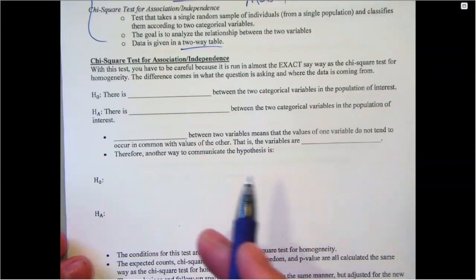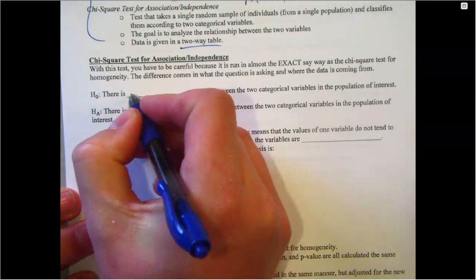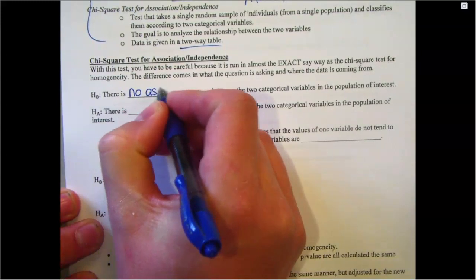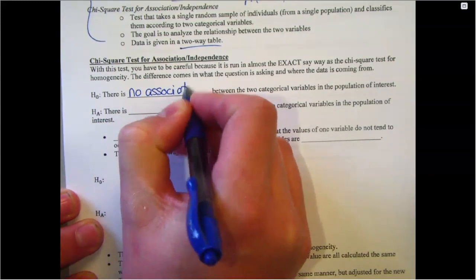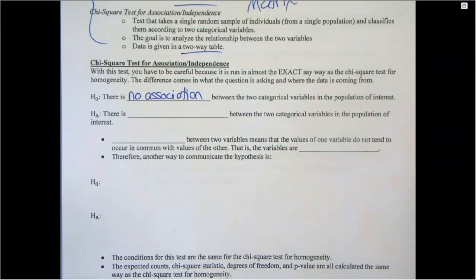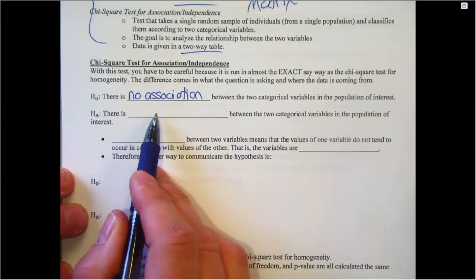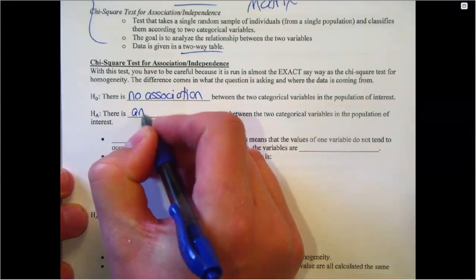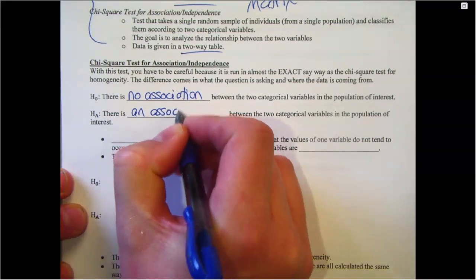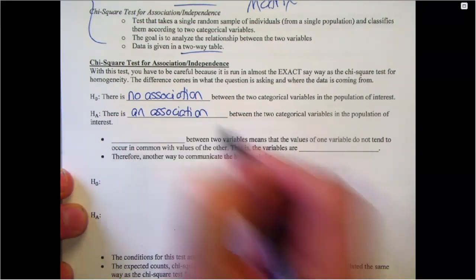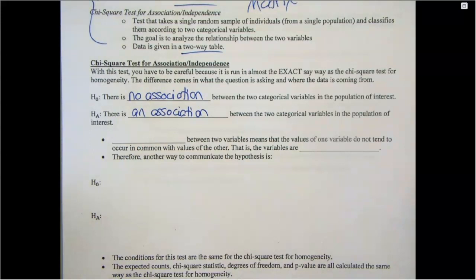You can say there is no association. You're going to get, say, height on one side and weight on the other side. You'll say there's no association between those two, or there is an association. So the alternative hypothesis would be there is an association. Association just means a relationship, so it's not independent.